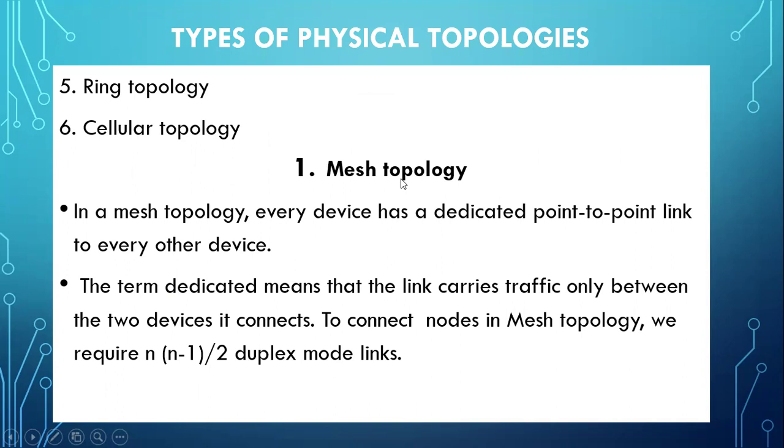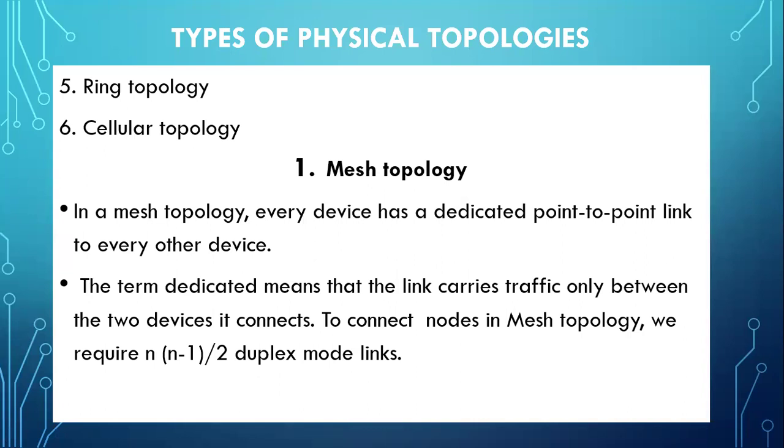In this topology, every device has a dedicated point-to-point link to every other device. It means that every device within the network is linked to each other device within the network.